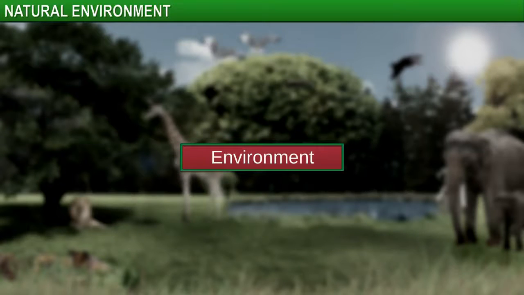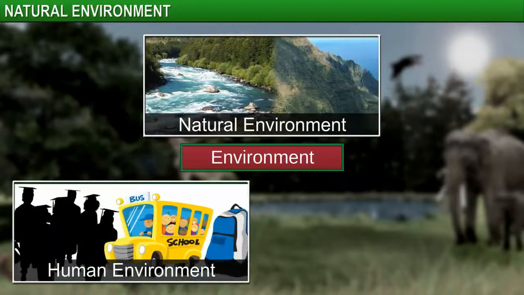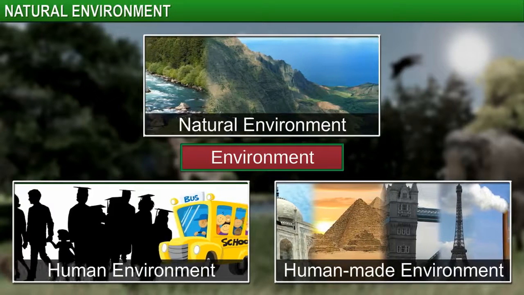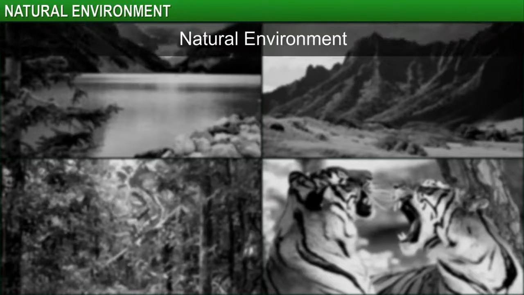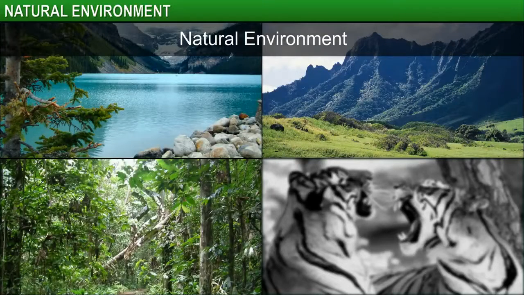The environment can be classified into natural, human, and human-made environment. Natural environment is made of natural elements like water, air, plants, land, and animals.